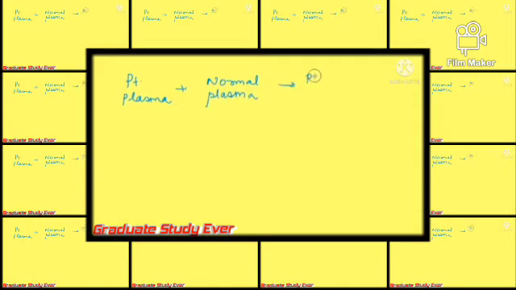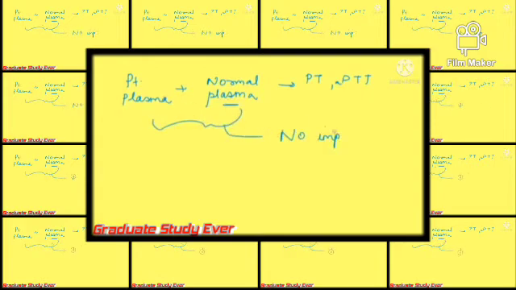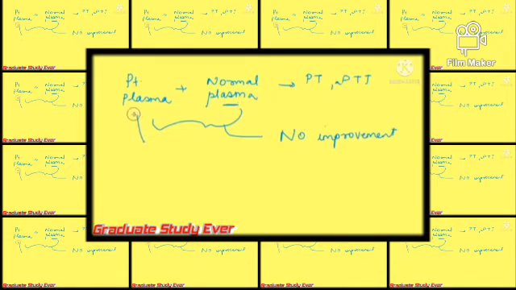If our assessment is corrected, that PT and PTT, which were abnormal before, if they are corrected, that means clotting factors present in normal plasma have corrected the problem. However, if there is no improvement, that means these clotting factors are not able to correct the problem. Now, this is due to the presence of inhibitors in the patient's plasma. So, whatever normal clotting factors are there, they are also inhibited by these inhibitors.